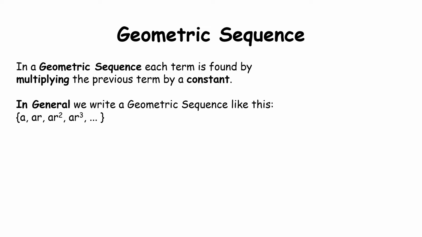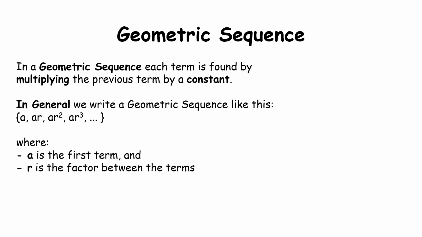And we start to see these powers, these indices, these exponents appear. So a is that first term, and r is a new letter for us. When we had arithmetic sequences, we had this idea of a common difference, which was d for difference. Here, it's the factor between the terms. r is called the common ratio.